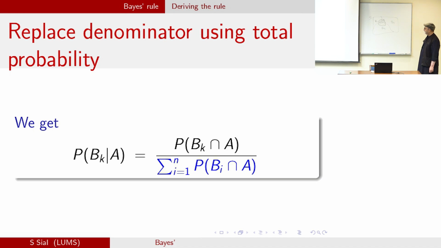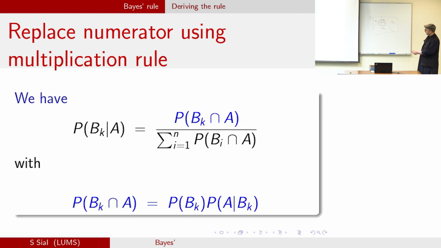All right. So now we turn our attention to the numerator. Well, the numerator is probability of BK intersection A, but by the multiplicative rule, this is probability of BK times the probability of A given BK.